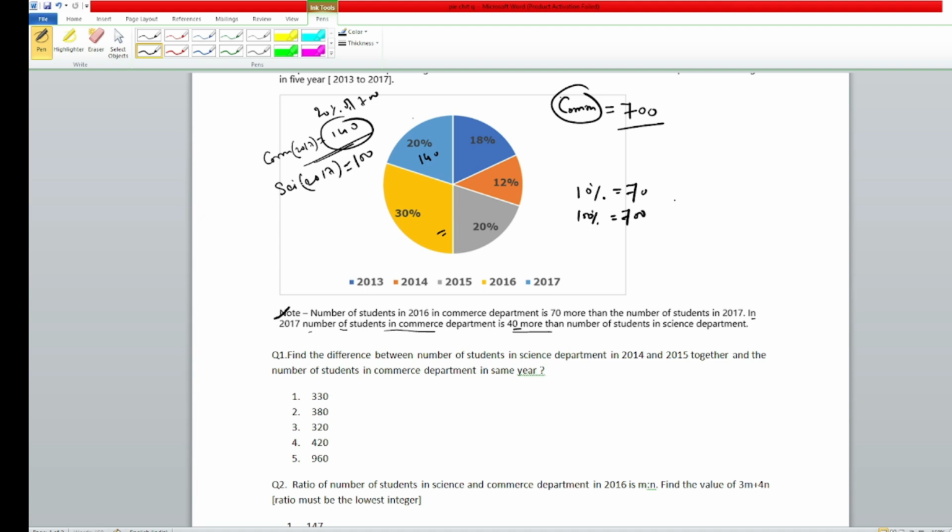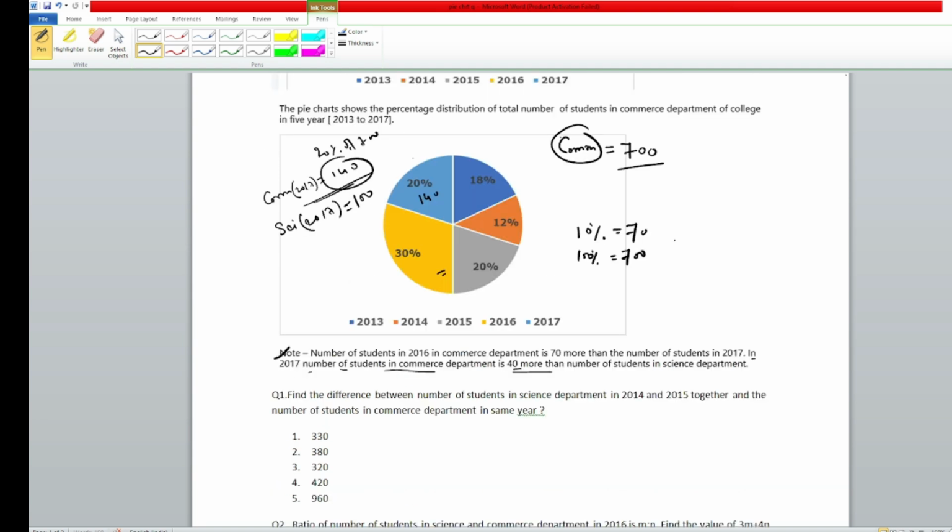So 40 more, okay. In the science department in 2017 it is 100, and in the commerce department in 2017 it is 140. So the total number of science and commerce students combined in 2017 will be 140 plus 100, that is 240. Why am I adding this?